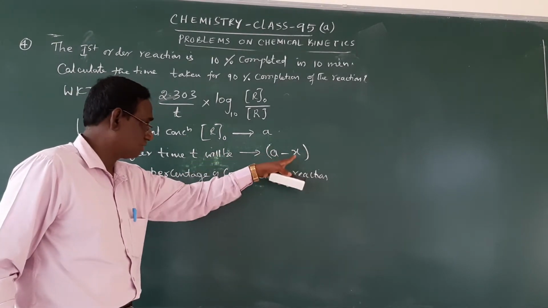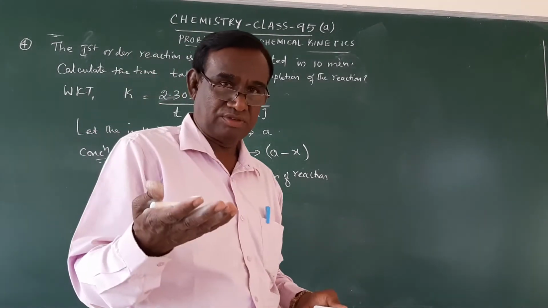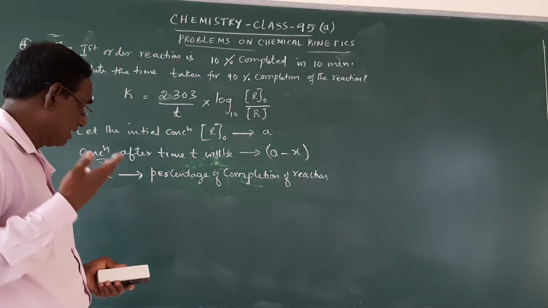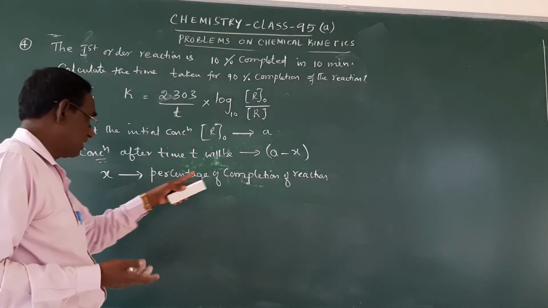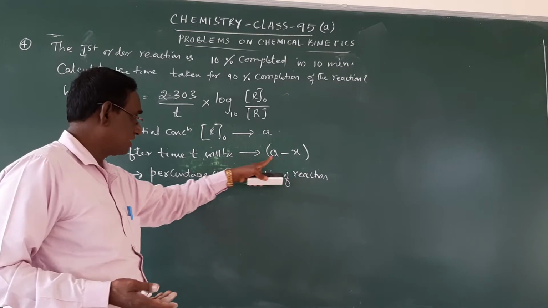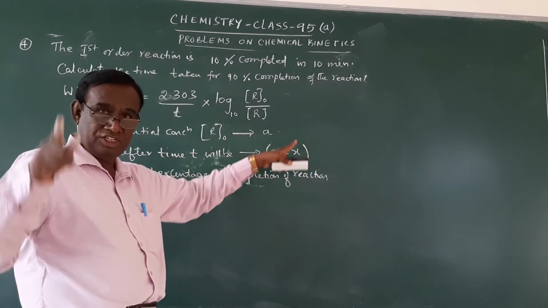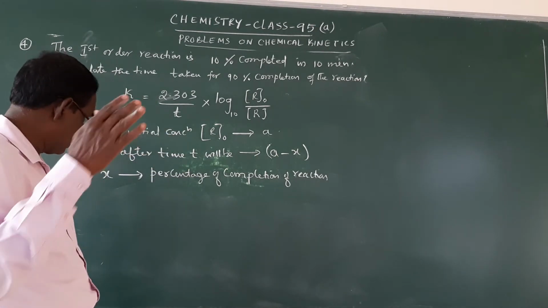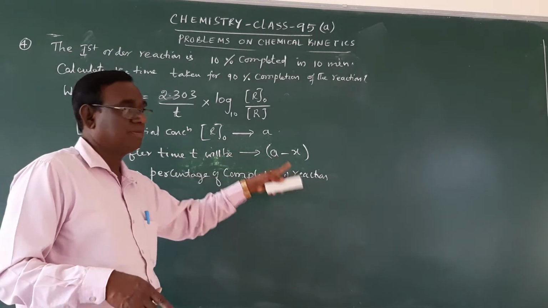What percentage of the reaction is completed? That is x. a is the initial concentration of the reactant, and x is the percentage of completion of the reaction. Therefore, the concentration after time t will be a minus x.